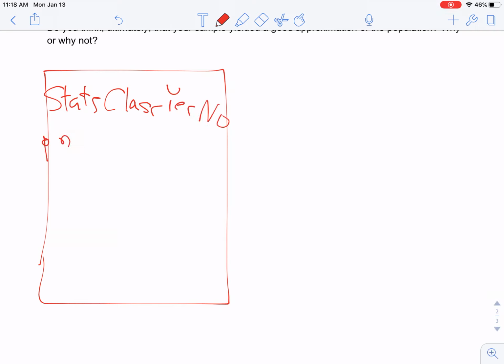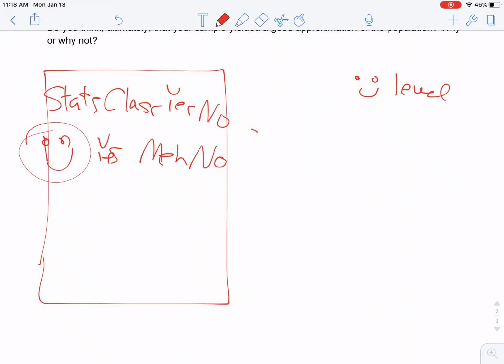Are you happy? So yes, no, or like meh. And then from that information, I could create a two-way table that would have happiness level and then stats class, yes or no. And now I'm just making this up.